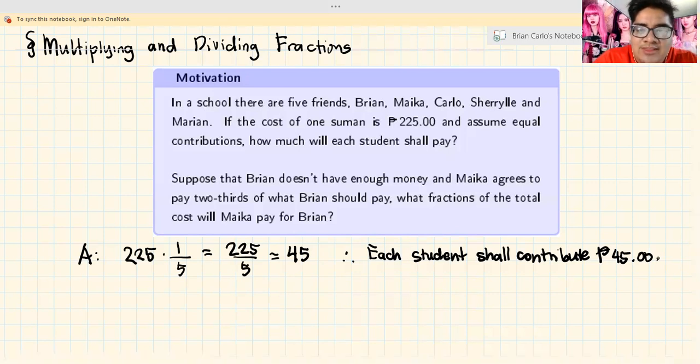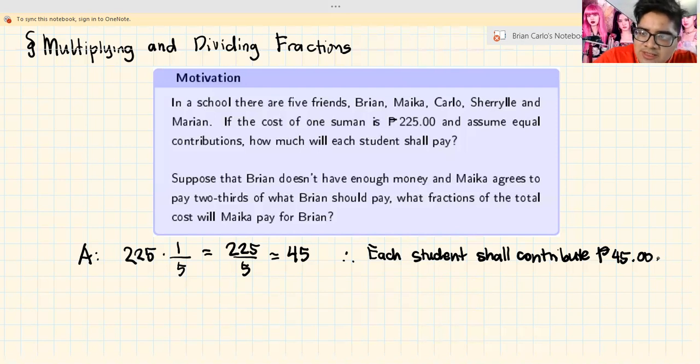Suppose that Brian doesn't have enough money and his friend Micah agrees to pay 2/3 of what Brian should pay. And what fraction of the total cost will Micah pay for Brian? Ngayon, ibig sabihin dito, yung portion ni Brian, Micah will be paying 2/3 of it. Bali, di ba si Brian kasi meron siyang 1/5 na portion.